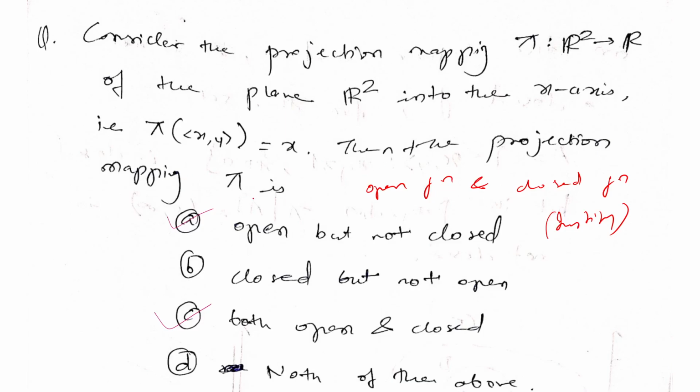Then the projection mapping pi is, just let me know which is the correct option. Is it option A, open but not closed, or option B, closed but not open, or option C, both open and closed, or option D, none of the above? Okay, so you need to justify which of these options is correct.